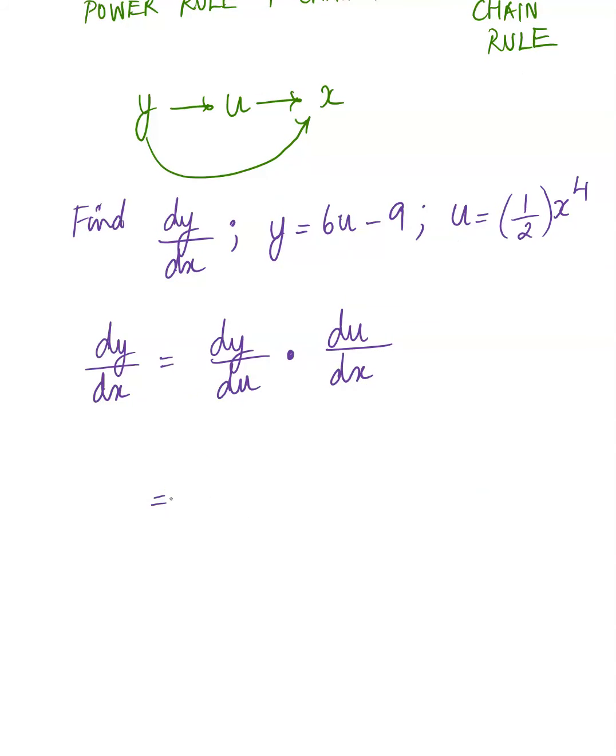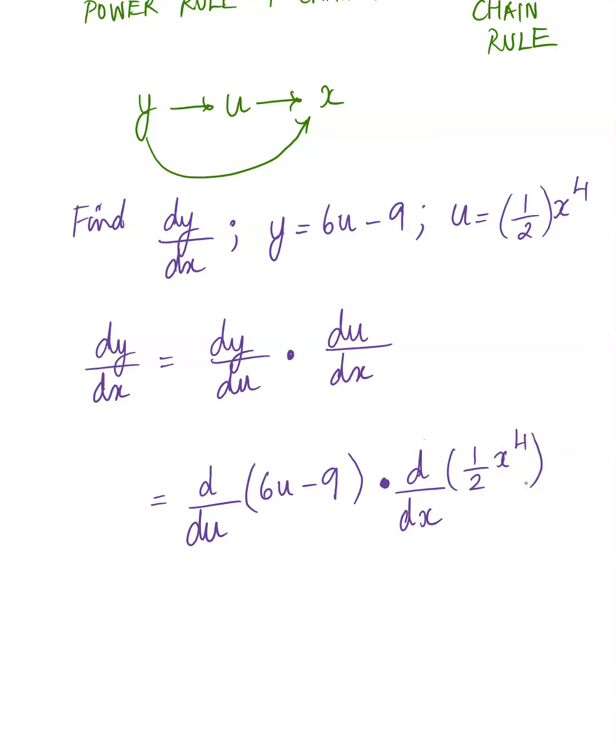Okay, dy over du, I just want to write it a little more explicitly. So the y, I'm replacing it with 6u minus 9. Again, this 9 and the A and all these things are always to be watched out for, because we don't want to misunderstand our numbers and letters. Okay. Times du over dx, and u is replaced by half x power 4.